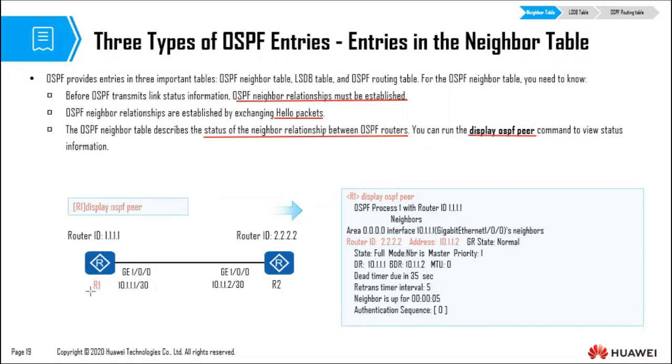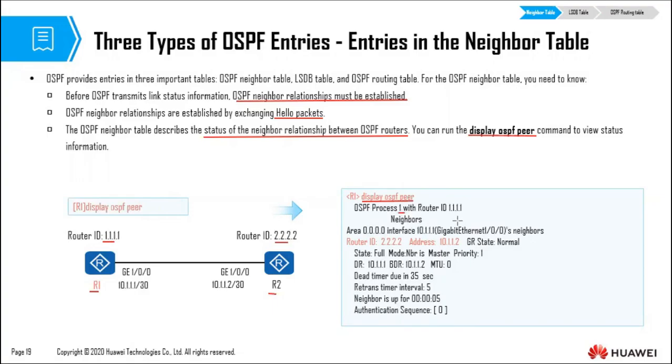We have router 1 and router 2. The interfaces have been configured to exchange OSPF packets. The router ID of router 1 is 1.1.1.1, and router 2 is 2.2.2.2. So on router 1, if we do the command display ospf peer, we are going to see that this is OSPF process number 1.